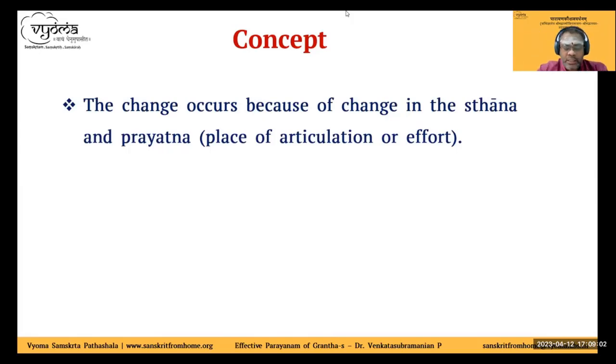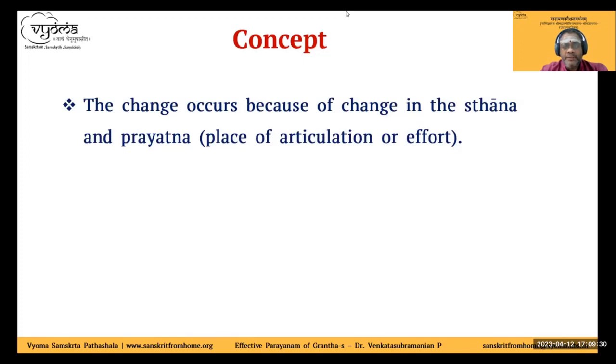These are the sutras, but we know that Kantha, Talu, Murdha, Danta, Oshtha, Dantoshta, Kantoshta, Dantoshta, etc. So these are the sthanas. Yesterday we saw the table.